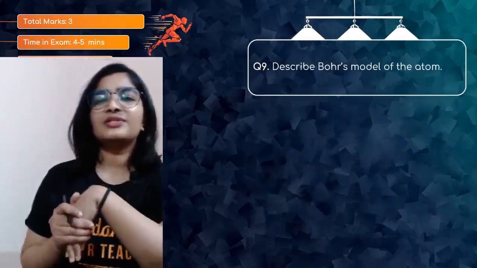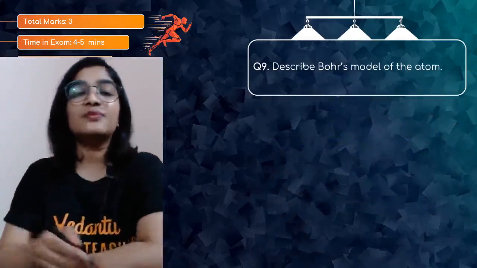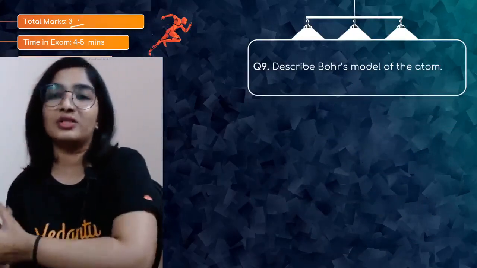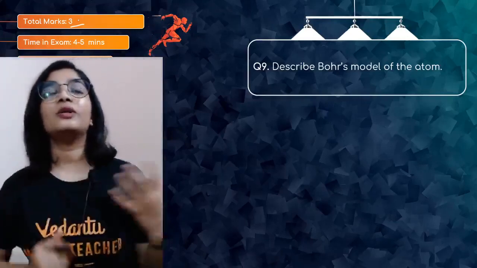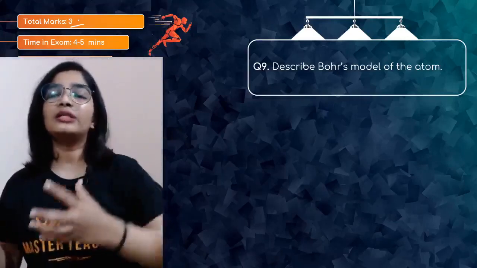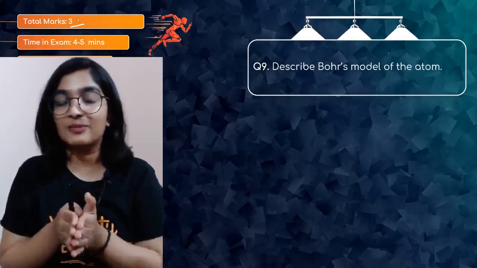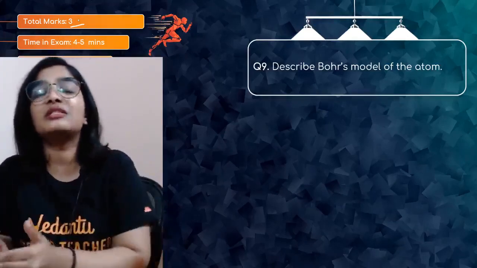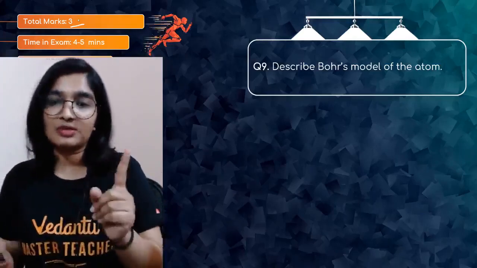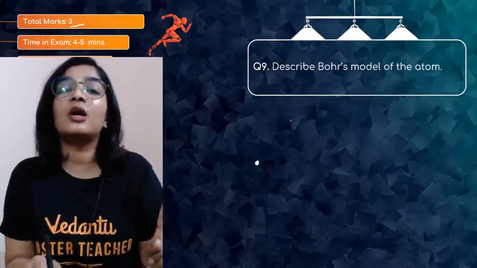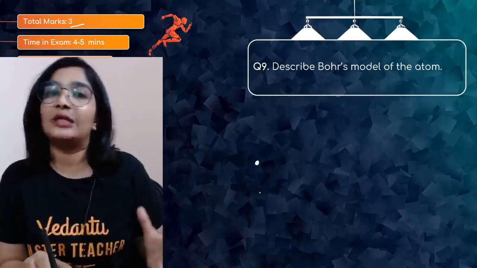Question number 9 is: describe Bohr's model of the atom. This is for 3 marks, so I would want you to write all the points which you know. First, according to him, not all the energy levels or orbits are allowed inside an atom, only discrete orbits with a fixed amount of energy. The nucleus is at the center, and the electrons are revolving around it in the discrete orbits.